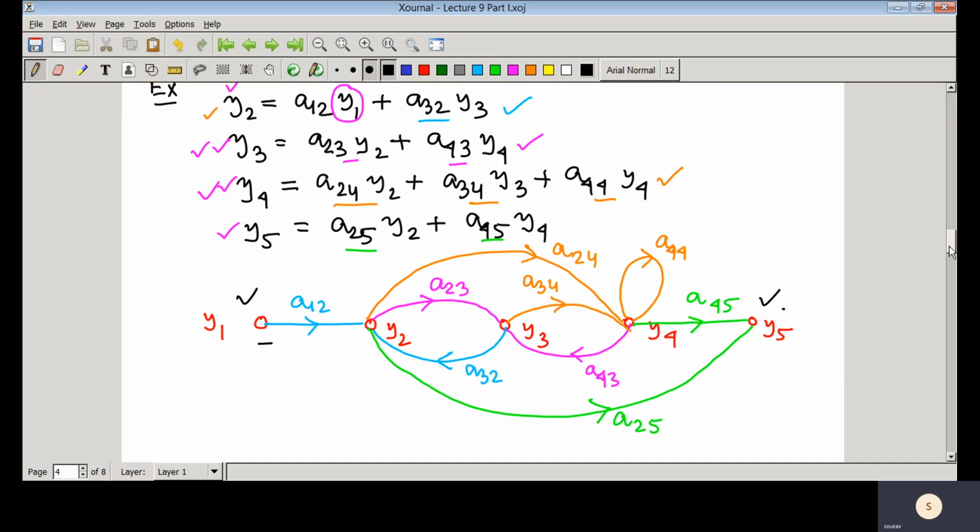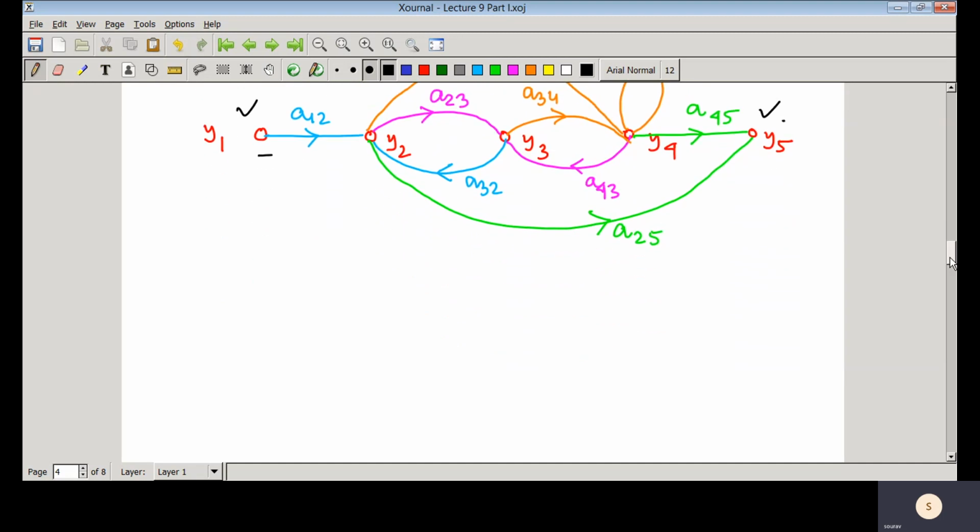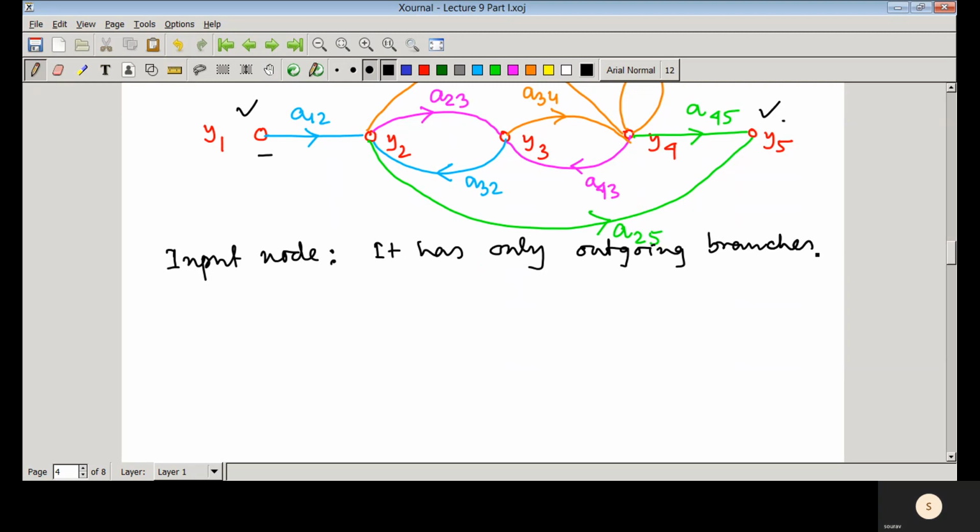So here we can mention some terminologies. Input node. Which node is said to be the input node? It has only outgoing branches. In this case the input node is Y1.